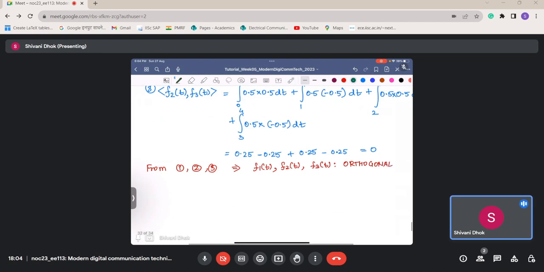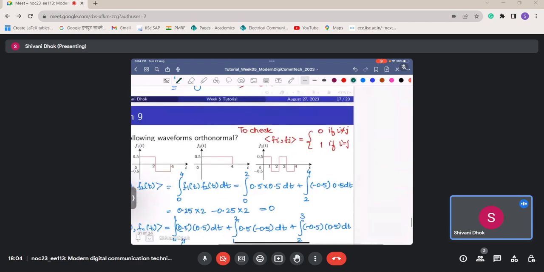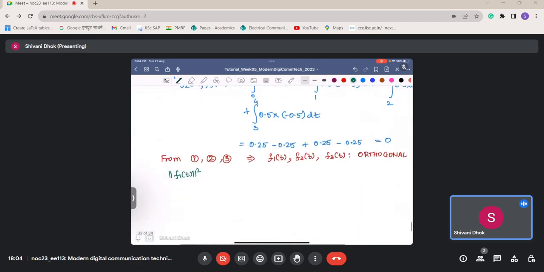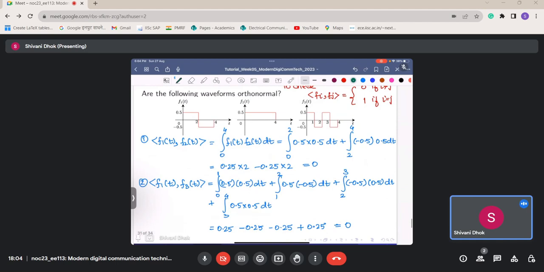Now let us check if these are orthonormal. So for that we need to consider the norm of f1(t) squared. So this is simply equal to the integral 0 to 4 of f1(t) squared dt, which is equal to, f1(t) is 0.5 in magnitude, so f1(t) squared will be 0.5 squared for the entire range, right?